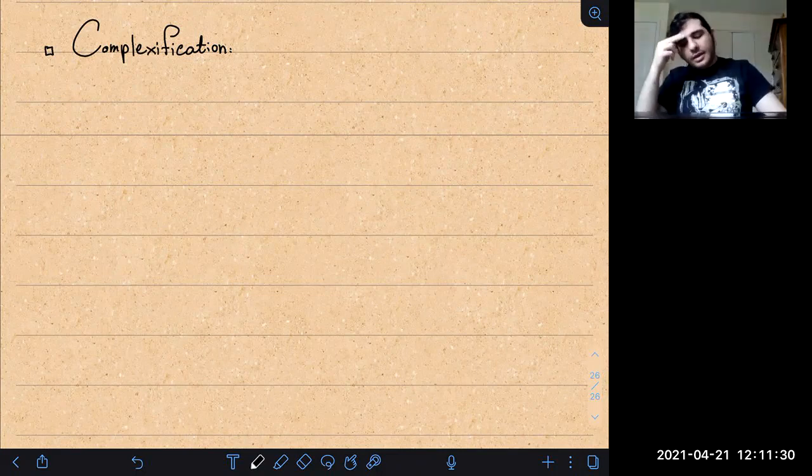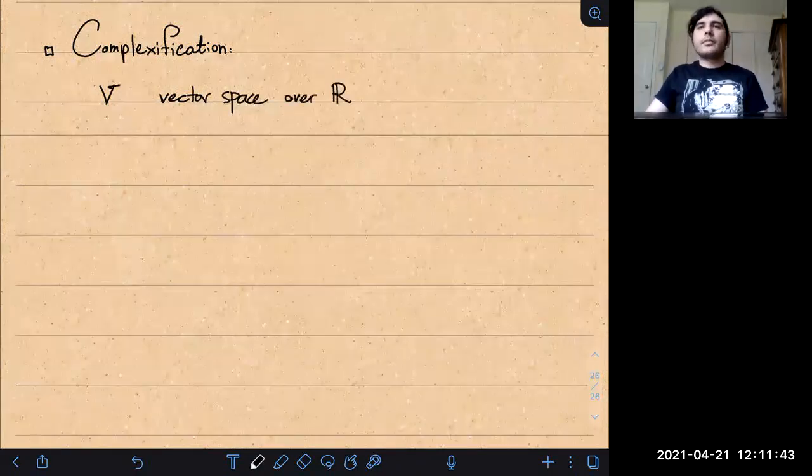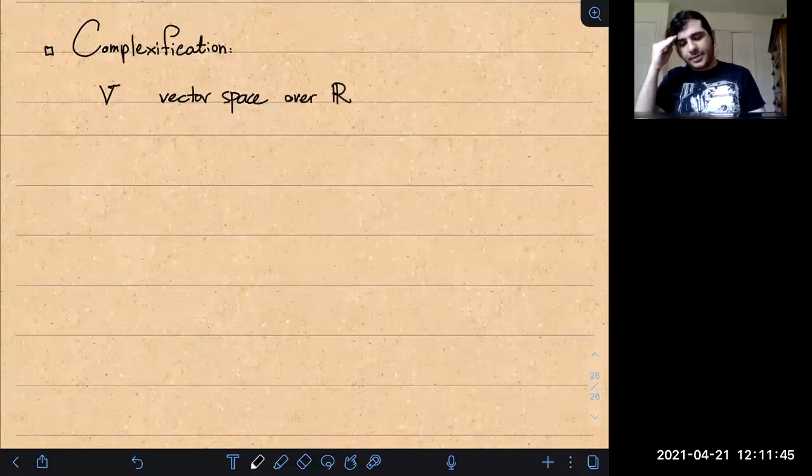So suppose we have a vector space V over R. Okay, so it's a real vector space.